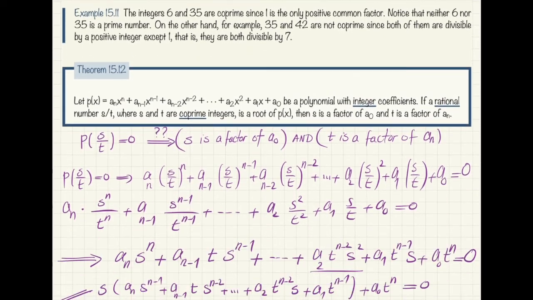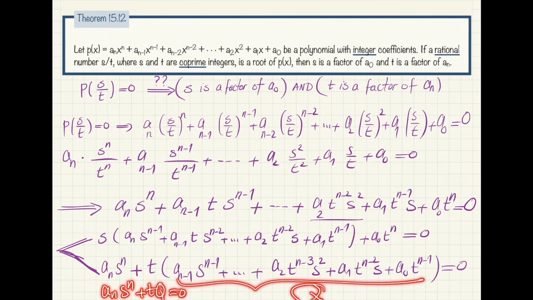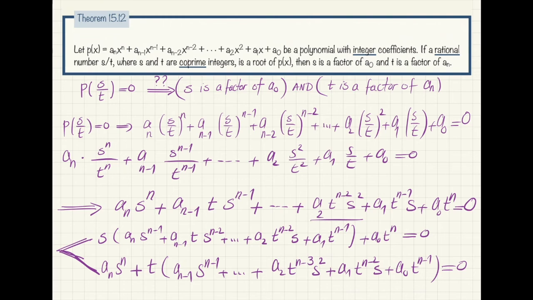But this time you need to go here and concentrate here. Again, the same story. This is an integer, so for example, you can call it q, then you have a_n s to power n plus tq is equal to 0. And you have exactly the same line of argument. With the same line of argument, you can follow that.